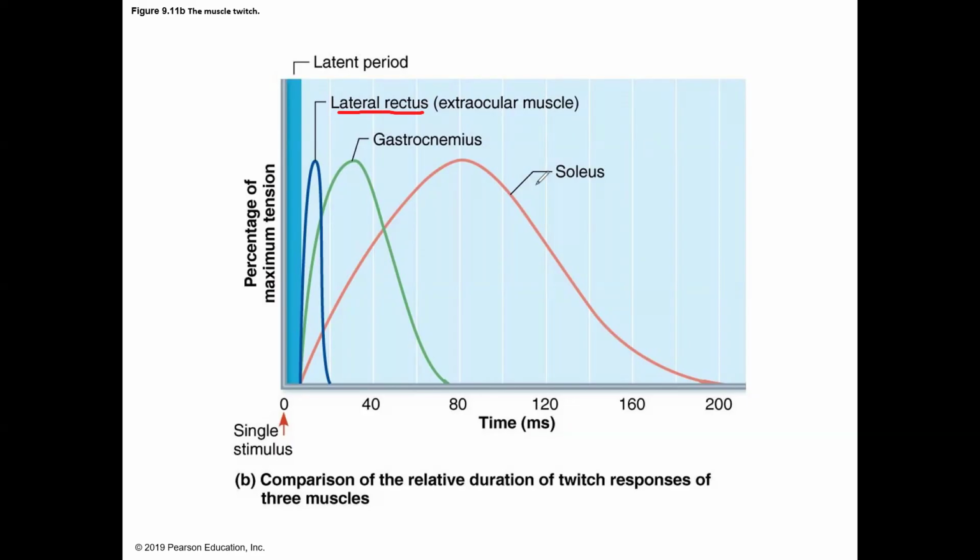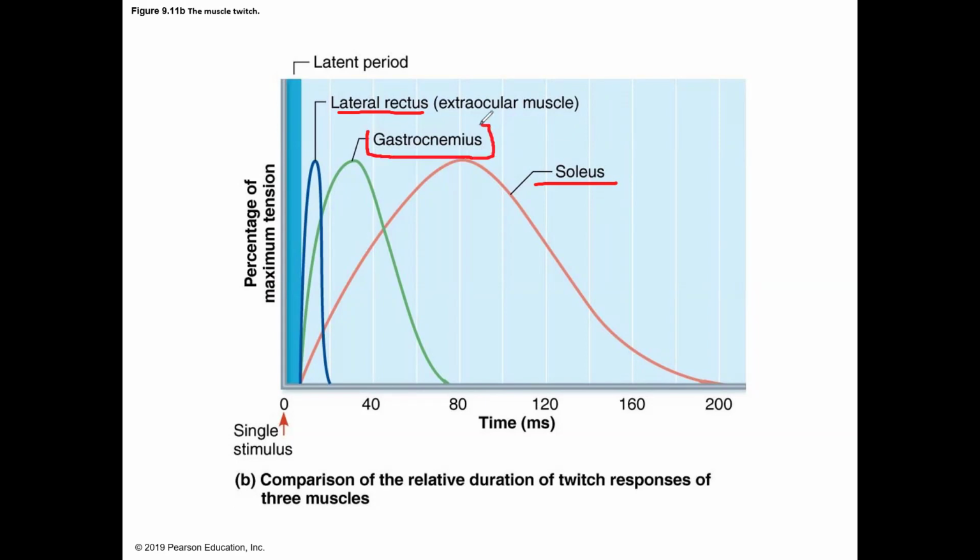Other muscles can sustain a contraction longer. That's their advantage. But the disadvantage of those types of muscles is that they don't contract as fast, in other words, as muscles like the eye. And then you have some muscles that are somewhere in between. They're not too fast, not too slow.